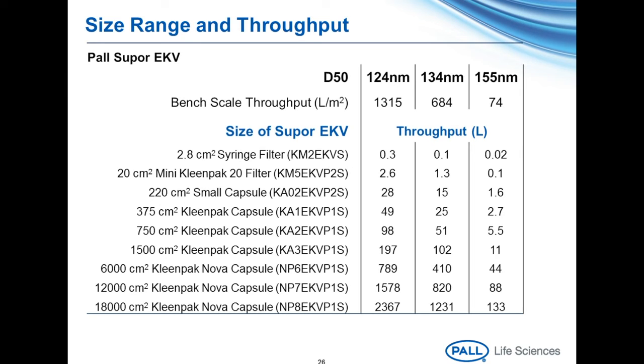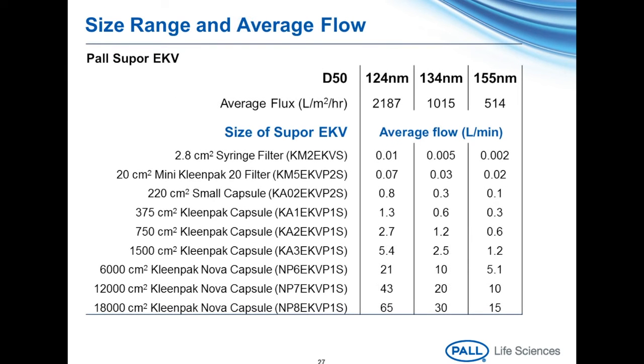If we use the same 220 centimeter squared capsule with a D50 of around 155 nanometers, we can only take away 1.6 liters of filtered emulsion. An additional discovery made during the tests with Supor EKV demonstrated that size range corresponded to flux seen during filtration. As we can see again, a D50 of 124 nanometers yields the highest flux shown.